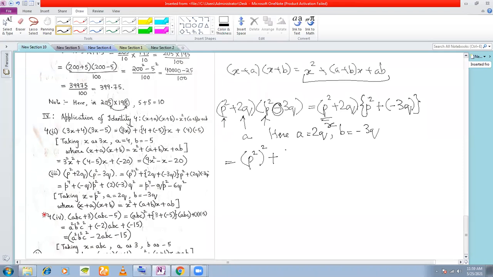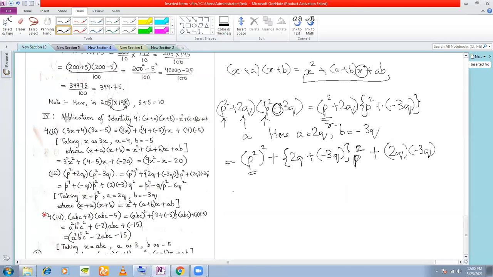Plus a plus b. A here is 2q, b here is minus 3q. And what is x here? X here is p square, right? This x here is p square plus ab, 2q into minus 3q.